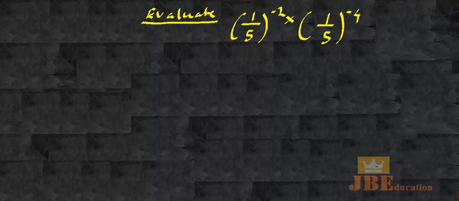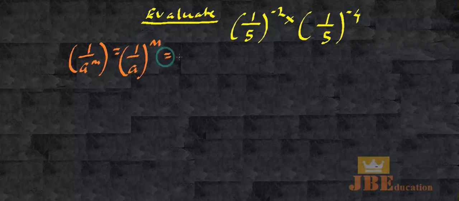So I'm going to be using this formula, which is 1 divided by a power m can, of course, be rewritten as 1 over a raised to the power m, which can also be rewritten as a power negative 1 raised to the power m, which is a raised to the power negative m.